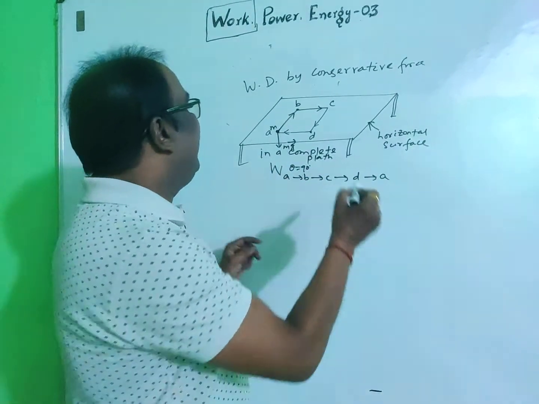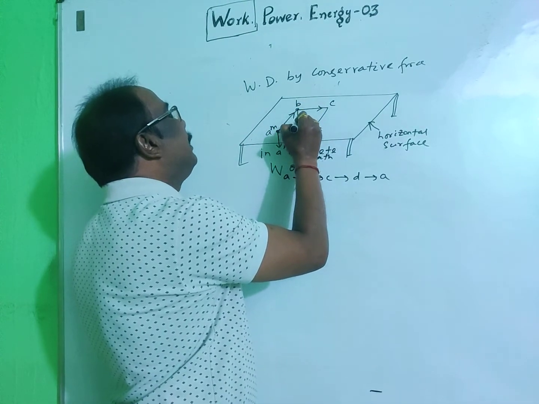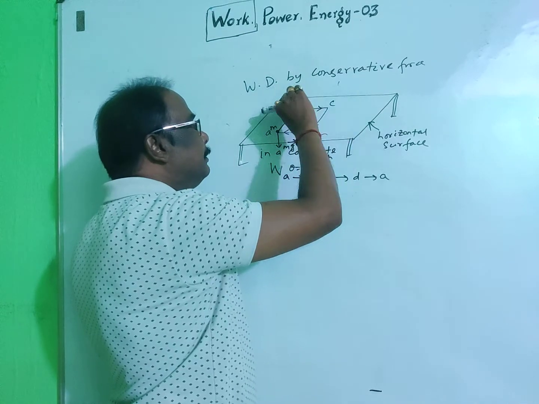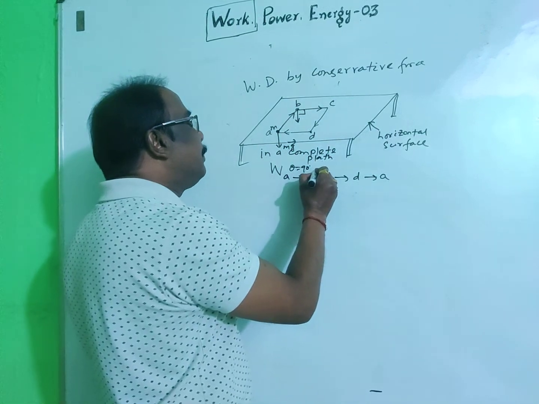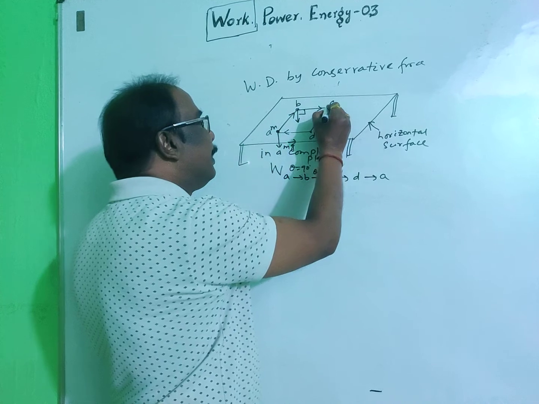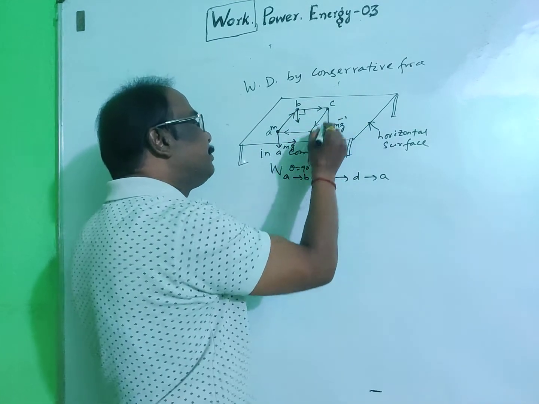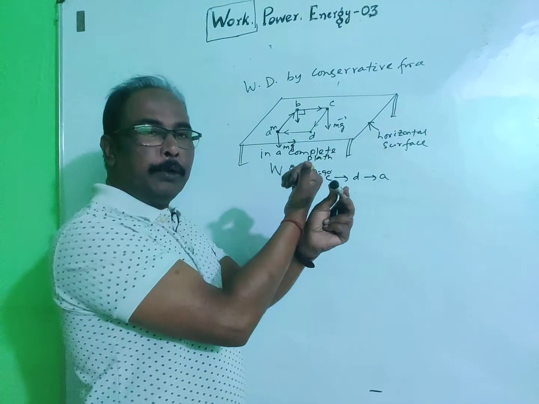Okay. Then here, to move the particle from B to C, again, weight is in the vertically downward direction and displacement is on the horizontal plane from B to C. So here also theta is 90 degrees, and from C to D, again, this is the direction of weight, the direction of displacement from C to D is along the horizontal surface.